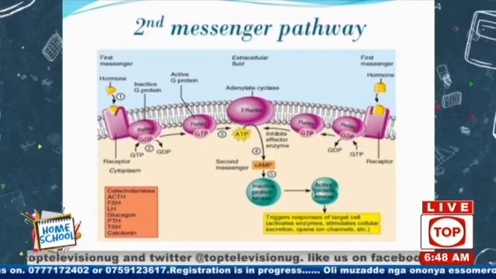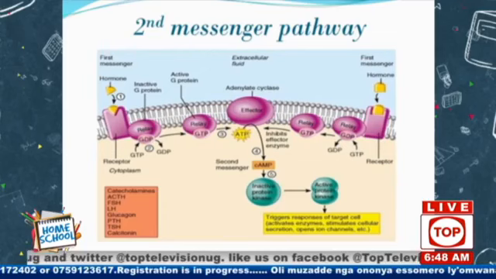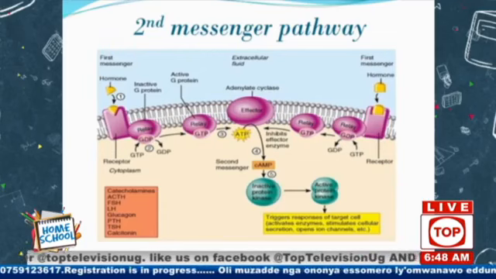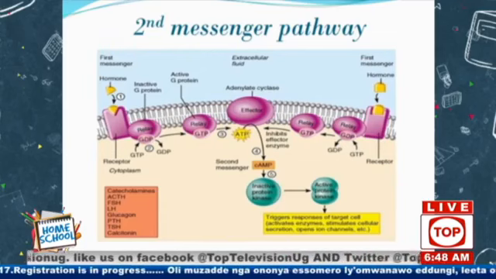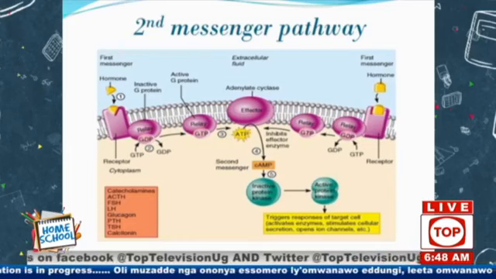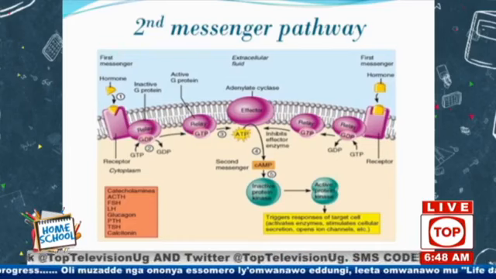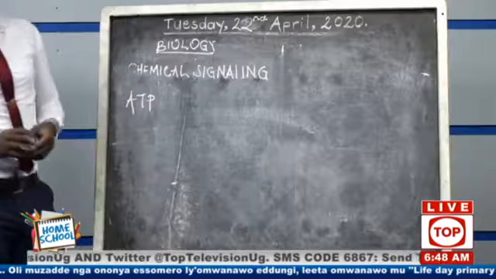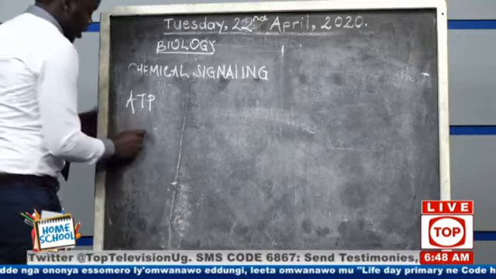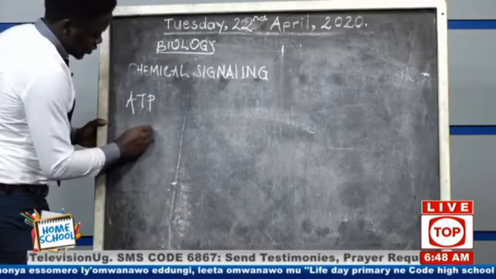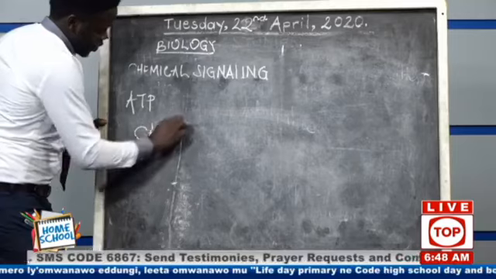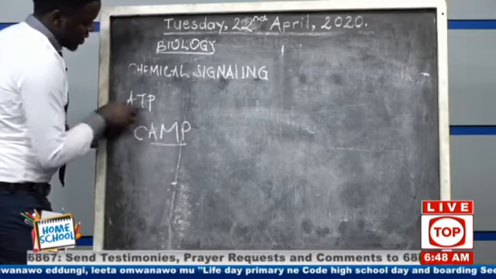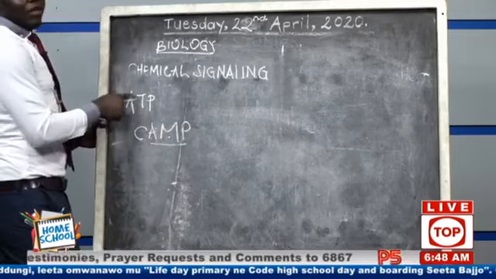Cyclic AMP is derived from adenosine triphosphate. We have ATP, which is adenosine triphosphate, being converted into cyclic AMP. So you can see that AMP is a derivative of ATP.